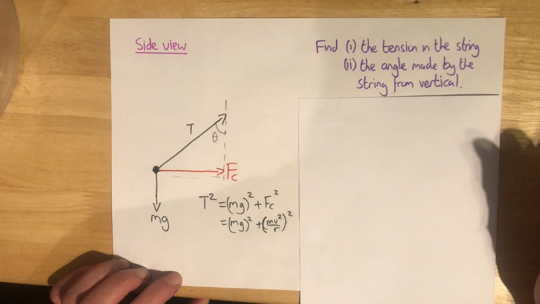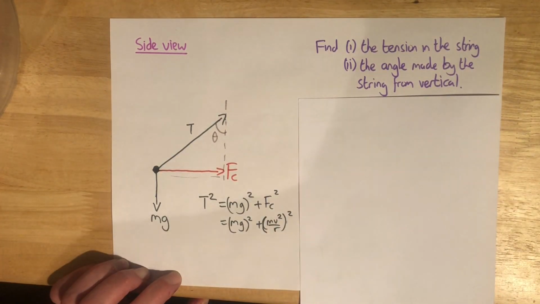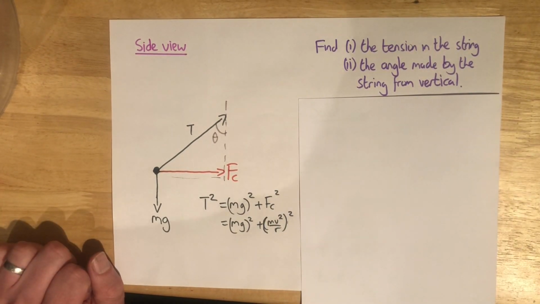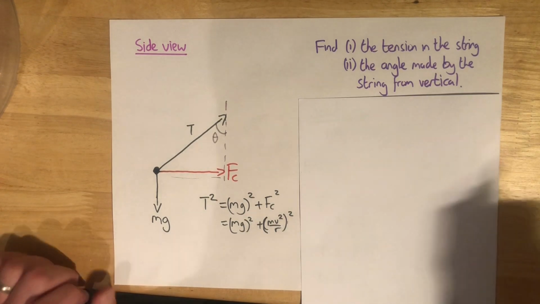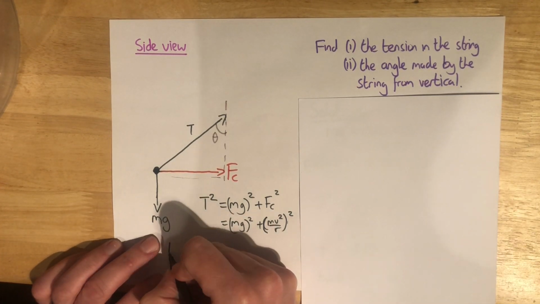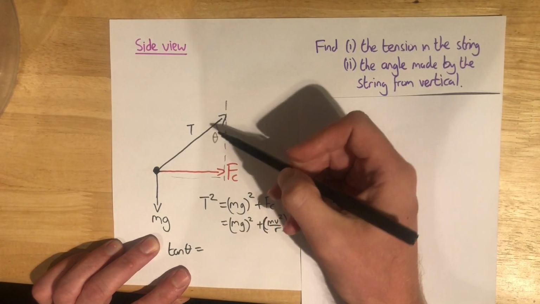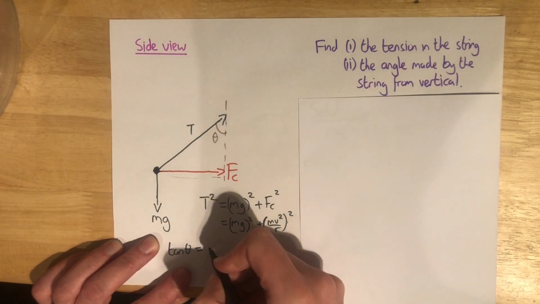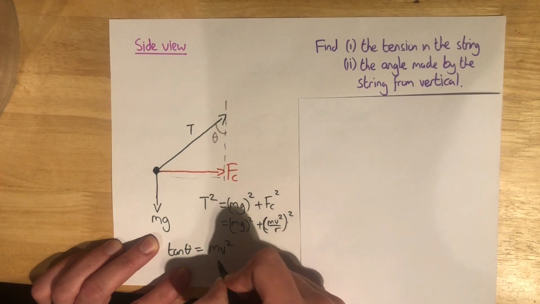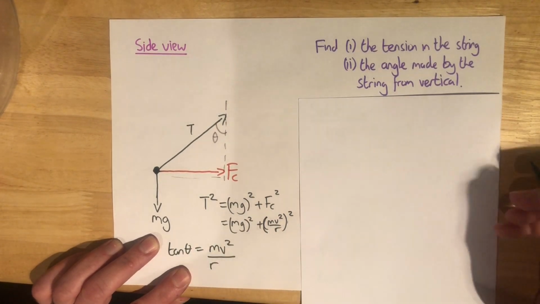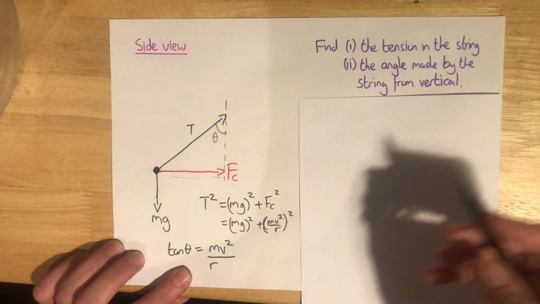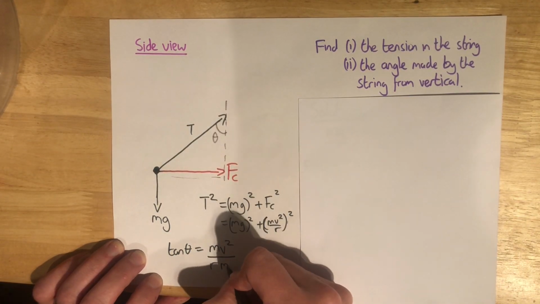There is an equation, it's not on the formula sheet, but it is a bit of a shortcut that's quite easy to use if you can remember it. So as we just said, the tan of that angle will be mv squared over r, the centripetal force, divided by the weight mg.